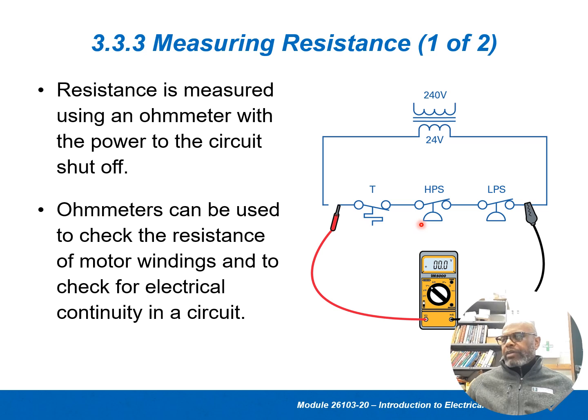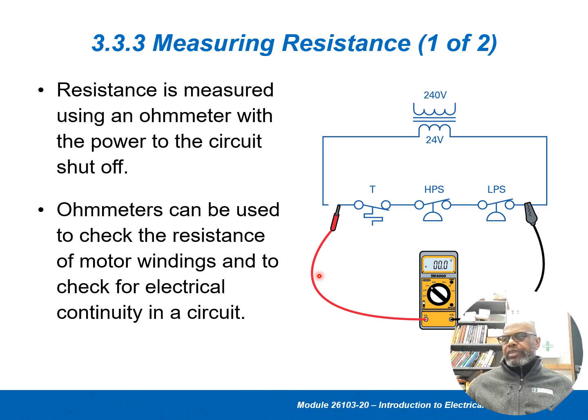Everything else, like reading voltage or amperage, we do need the voltage. But when reading resistance, we de-energize the circuit, disconnect at least one of the leads, and then read the resistance going through a switch or a wire or a coil or a motor to determine if it is operational or not, if there is a closed circuit.